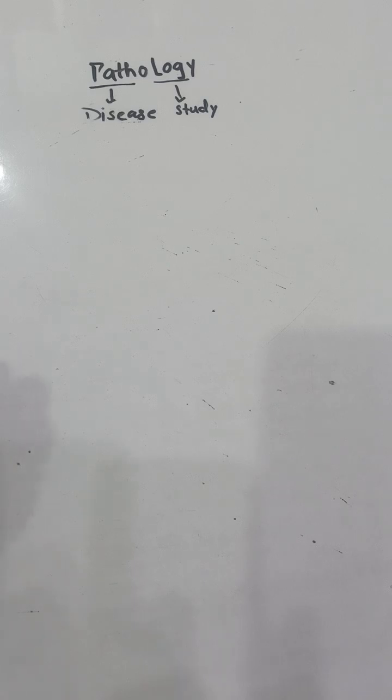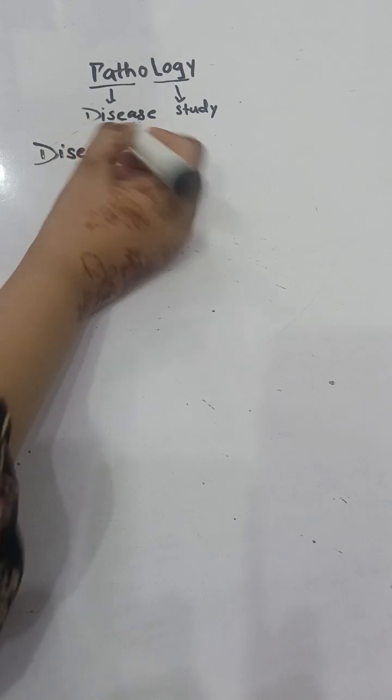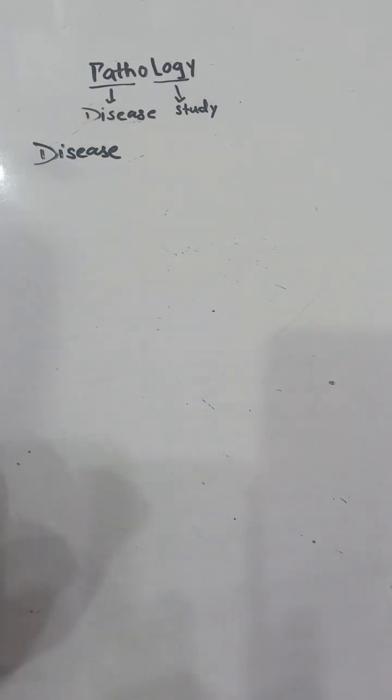So the definition of pathology is that you are going to scientifically study the knowledge of disease. As we have explained, what is meant by a disease? Can you have any guess? Yeah.